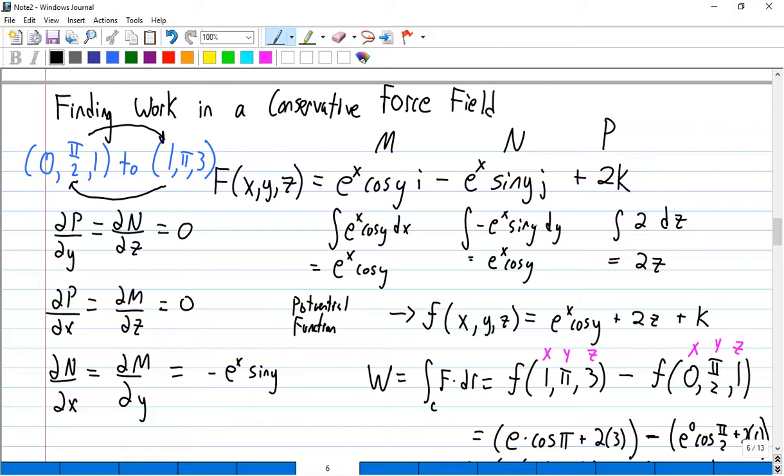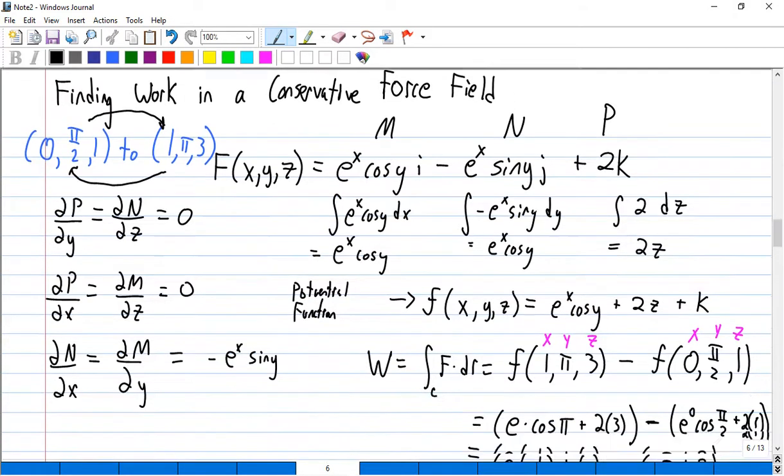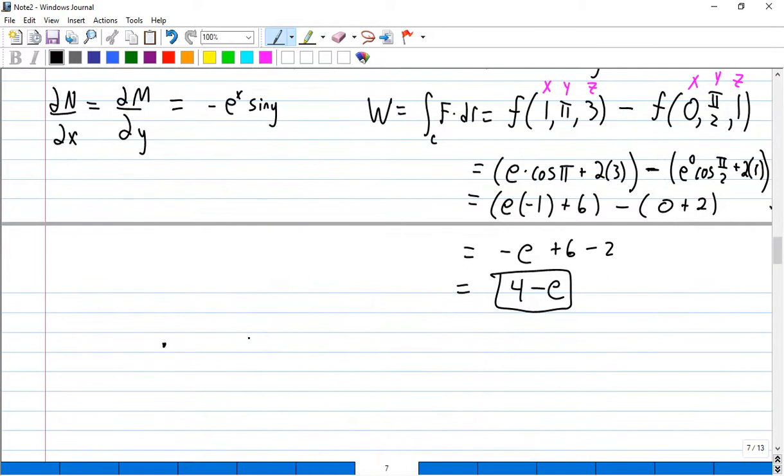And also, if you have a closed curve, like this up here, well, this is a bad closed curve, but if you go from this point to this point, that is not a closed curve, but this would be a closed curve. So the work done for any closed curve is going to be 0 for a conservative field, because you're going to get a positive value, and then you're going to get that negative value.